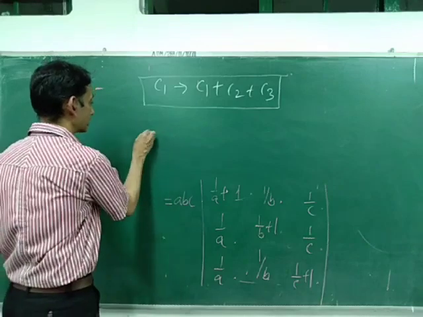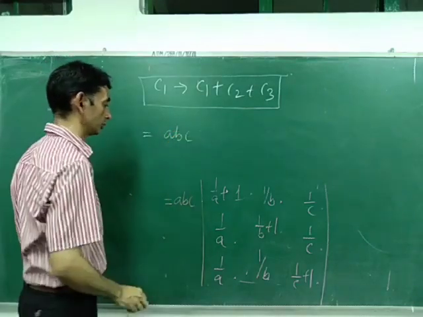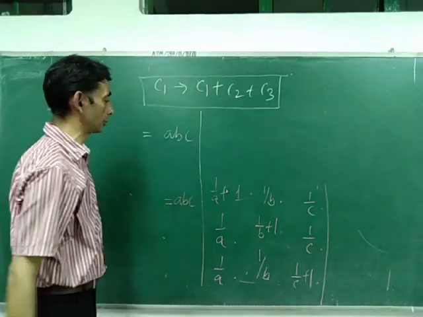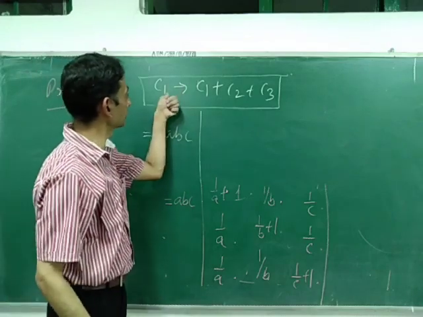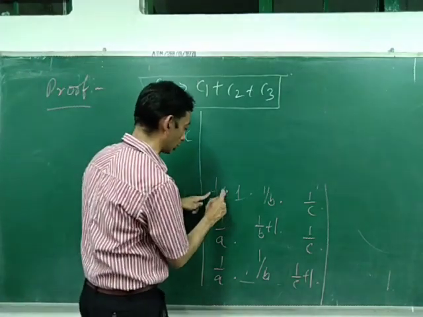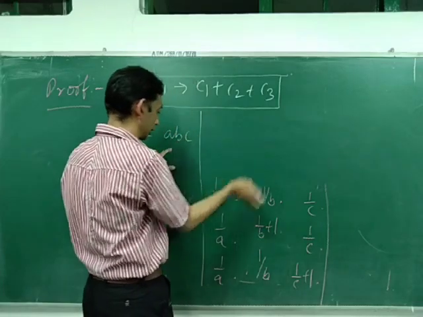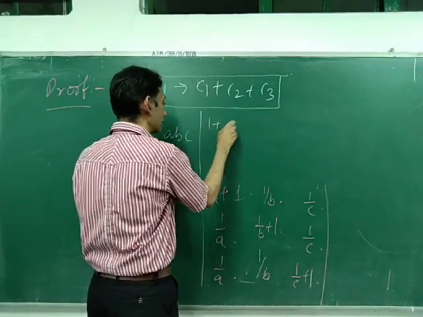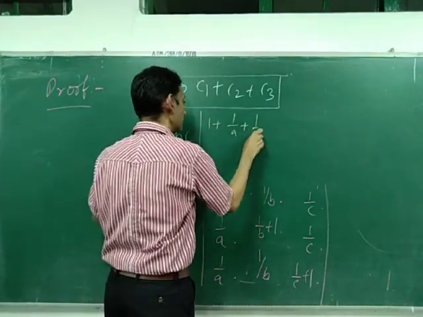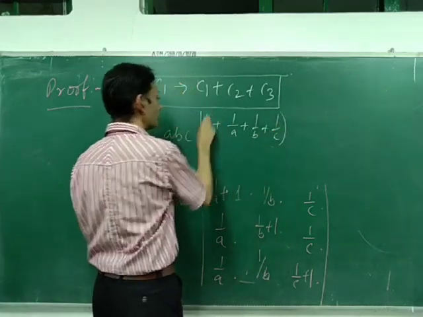So we are going to use this property. We are going to change column 1, so we'll add column 1 plus column 2 plus column 3. What will be the first element? The first element will be 1 plus 1 by a plus 1 by b plus 1 by c. Will you follow this?